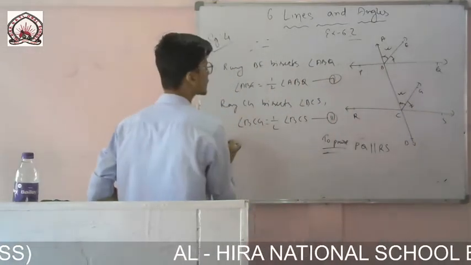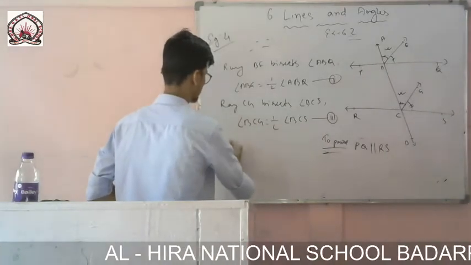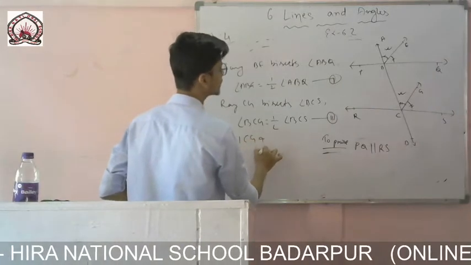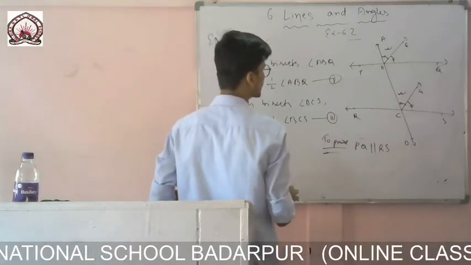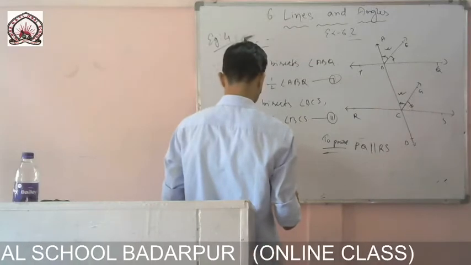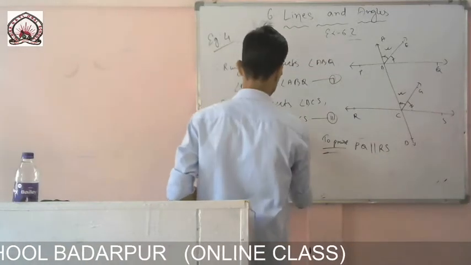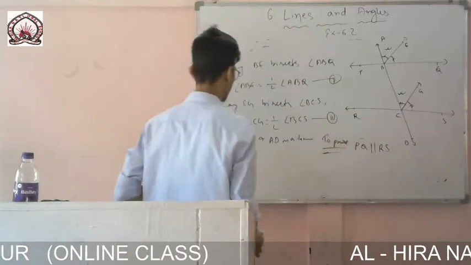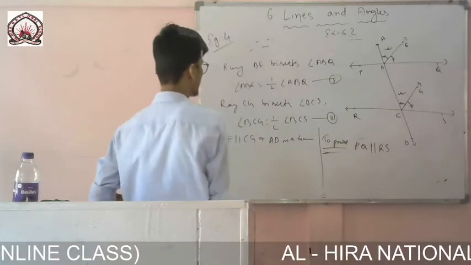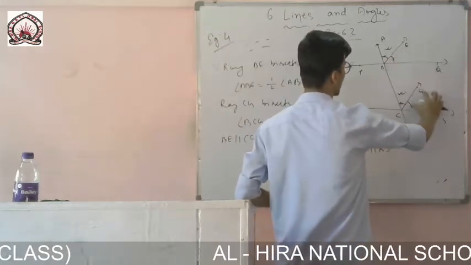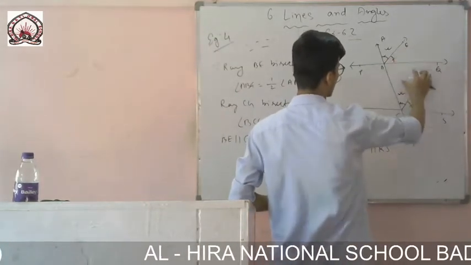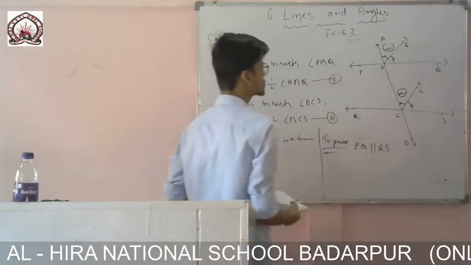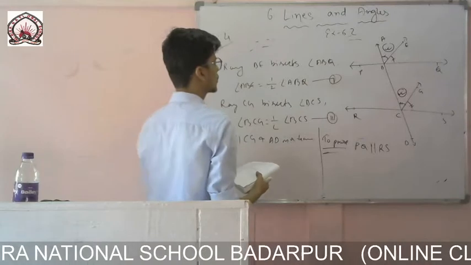Since BE is parallel to CG and AD is a transversal, this one and this one are corresponding angles.